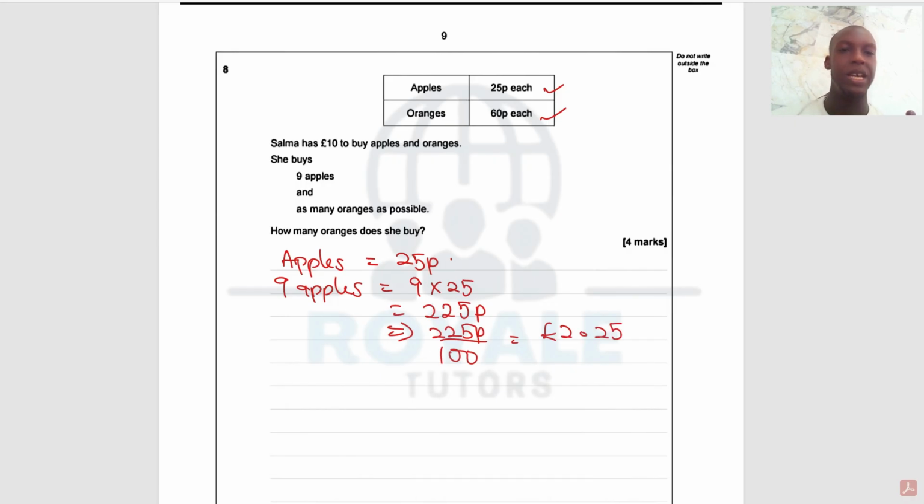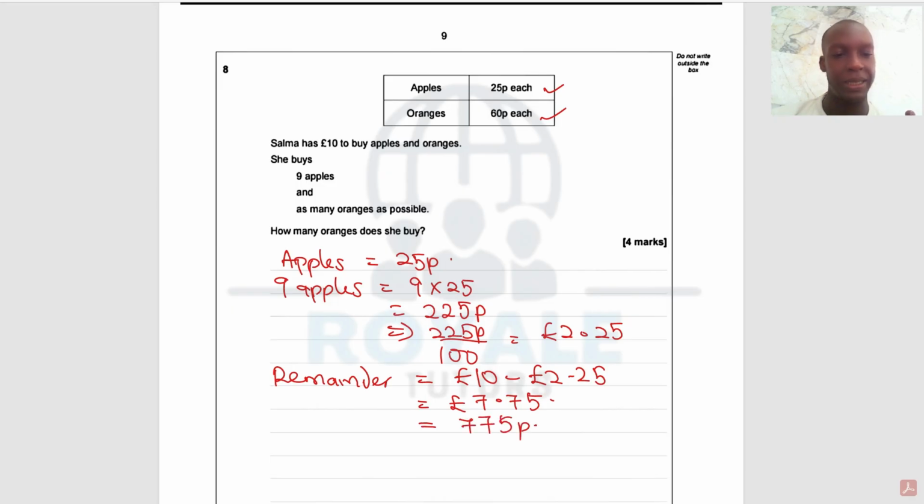£2.25. So out of the 10 pounds that you have, you've already spent £2.25 on apples. How much do you have as your remainder? The remainder is going to be 10 pounds minus £2.25, which is £7.75, and of course this is the same thing as 775 pence.